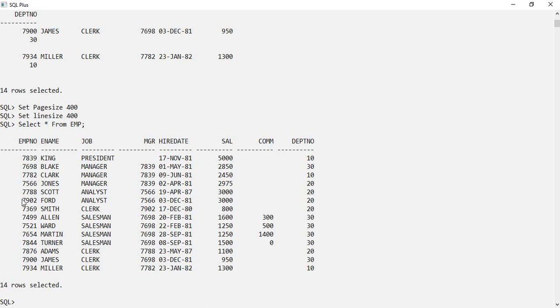Now, when I'm talking about column to table, the question is: can an employee name exist for more than one employee? Can an ename exist for more than one employee? So you have to come at it in that way.